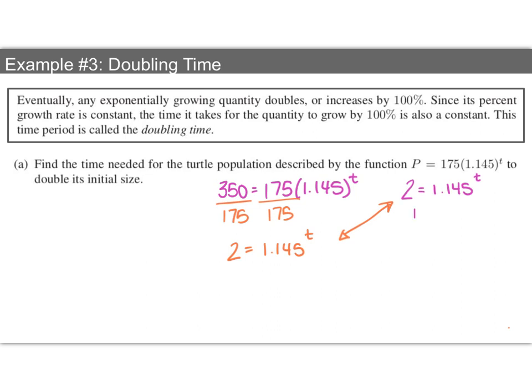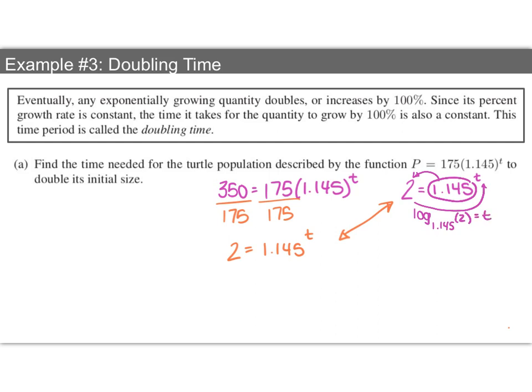So we would get log base. So again, remember you're always going to start with the base of the exponent and then circle around. So log base 1.145 of 2 equals t.